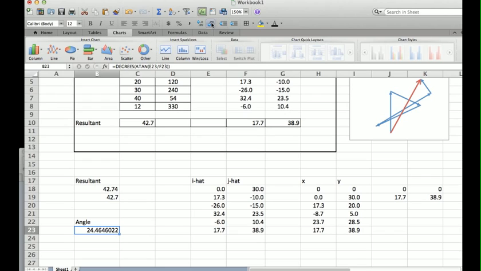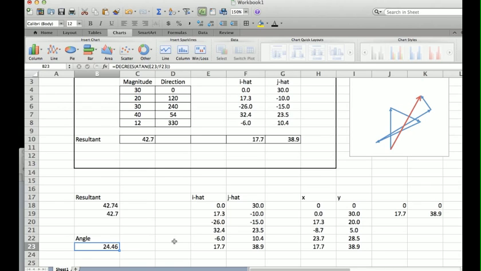Let's see. Can I shrink it down here? So there is the degrees. So it's 24.5 degrees. Okay, now the problem is I need the angle from north.